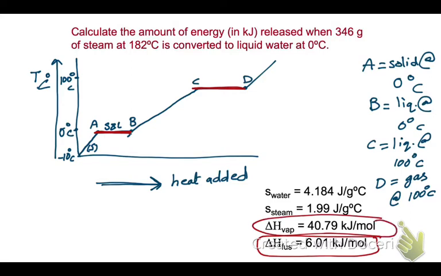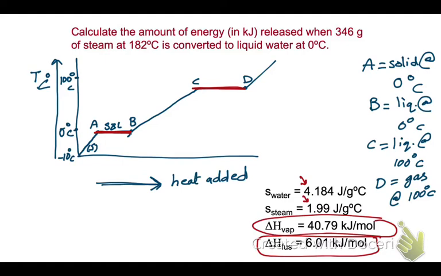Also worth mentioning that the specific heat of liquid water is different from the specific heat of steam. Now let's look at the question one more time, and we're going to start to have segments with colors.